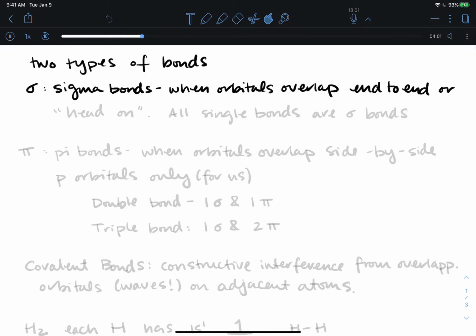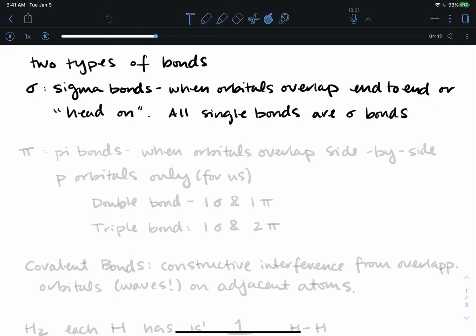Or another way to describe this is that they're overlapping head on, so they point at each other. If you have an s orbital, it kind of points in every direction at the same time since it's a sphere. So s orbitals are really only going to be able to do sigma bonds. And all single bonds are sigma bonds. So if you only have one bond between two atoms, it will be a sigma bond.